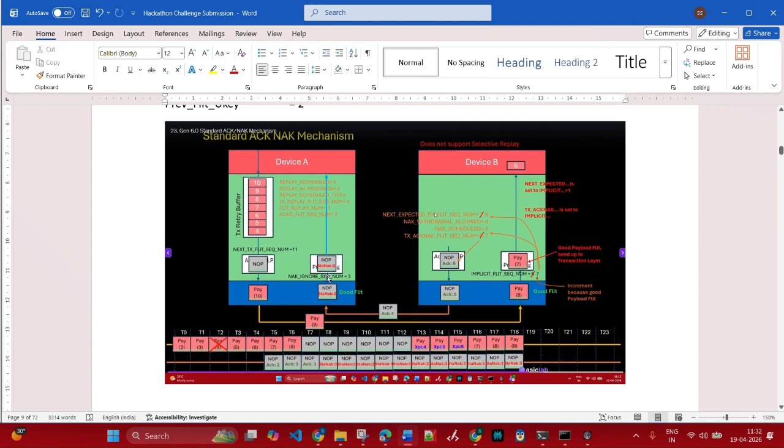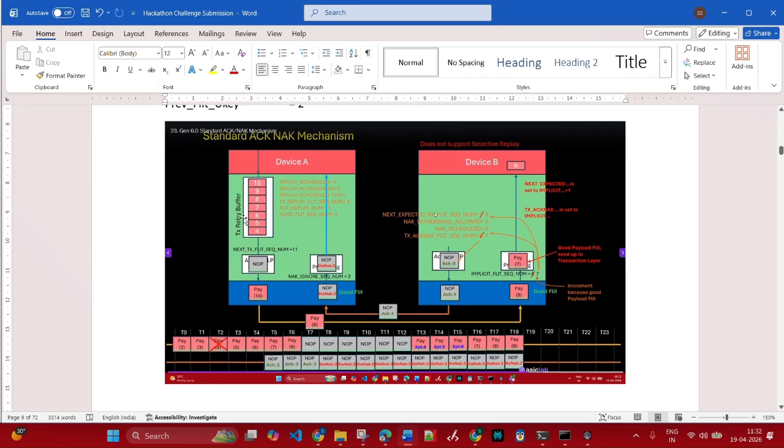So at T5 it got acknowledgement, at T6 acknowledgement for payload 3, at T7 acknowledgement 3, then it stopped getting acknowledgements. Unless and until this payload 4 is reissued and the acknowledgement sequence comes back, it won't proceed further. So this is the basic protocol sequence.